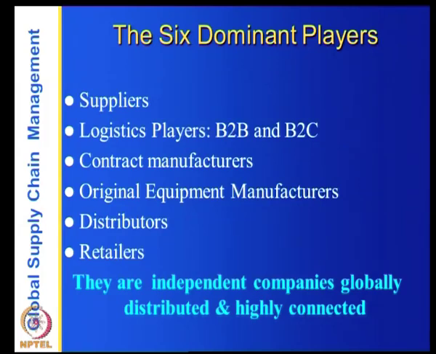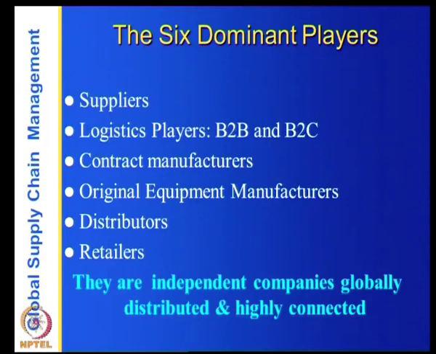If you are looking at a 30,000 feet view of a supply chain, you have suppliers, and how many suppliers? They are scattered all over the world, and if you take auto manufacturers, there could be 4,000 to 5,000 suppliers.